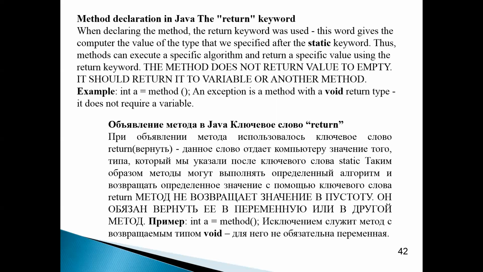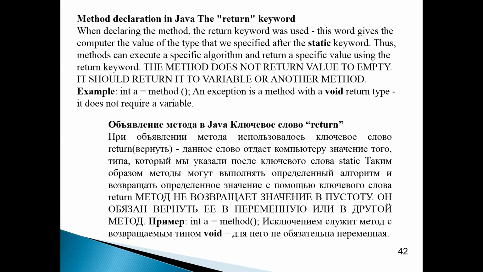Thus, a method can execute a specific algorithm and return a specific value using the return keyword. The method doesn't return the value to empty space. It should return it to a variable or another method.